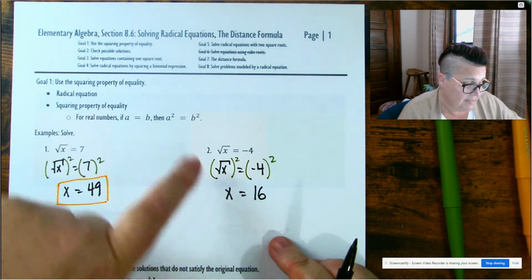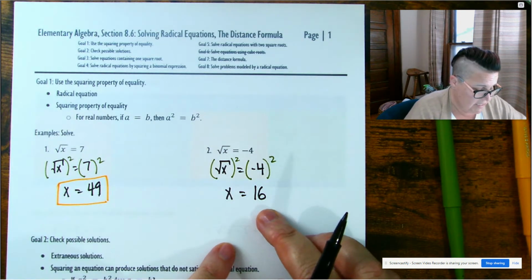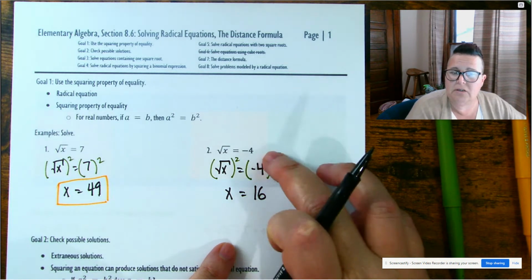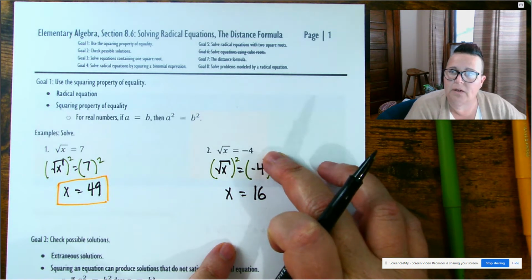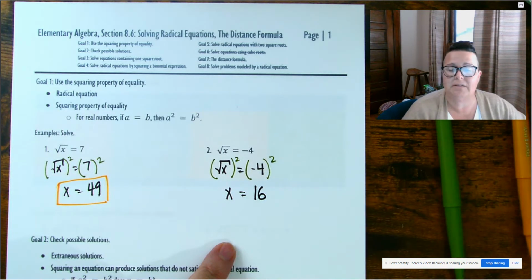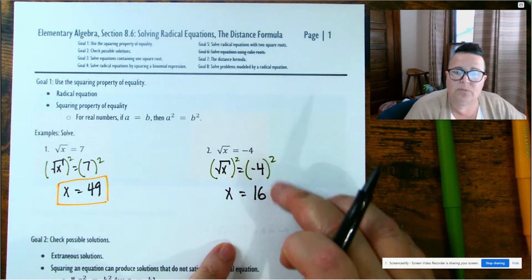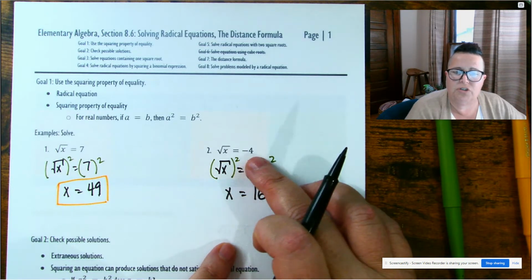The square root of 16 is a positive 4. It's a principal root. We use the principal or positive square roots. We do not use the negative because we know that the square root of a number should not be negative.